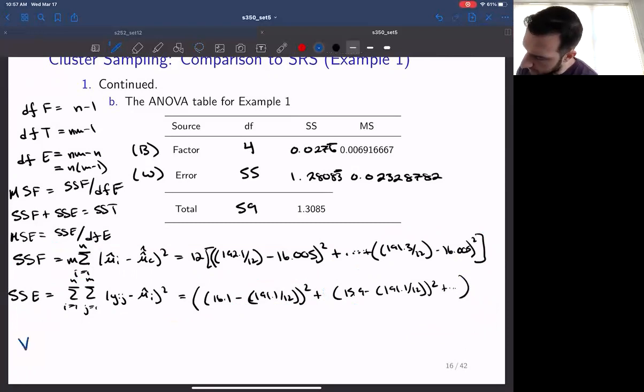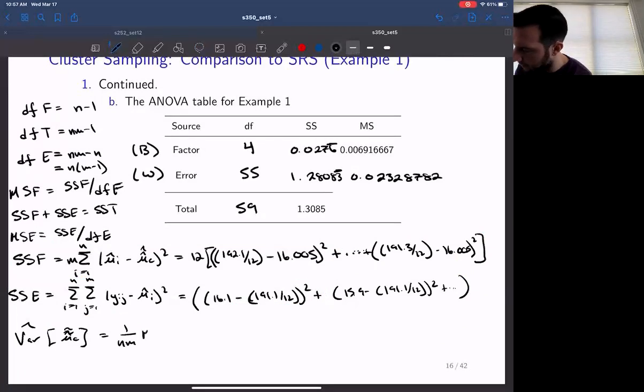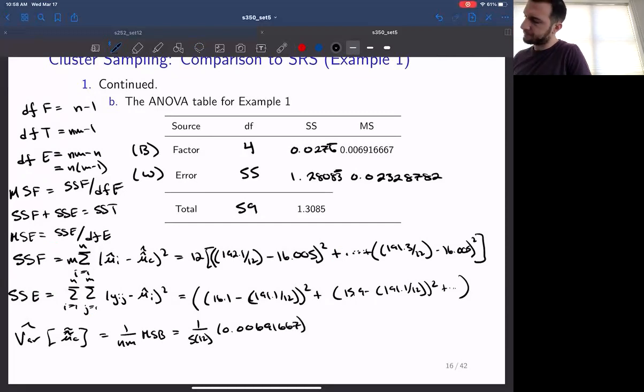Right? So the variance of mu tilde c hat is equal to 1 over nm times MSB, which is equal to 1 over 5 times 12 times 0.0069. Right, and that gives us 0.000111527.